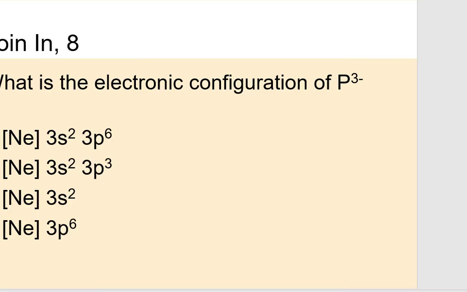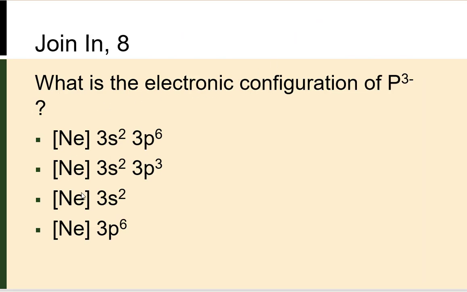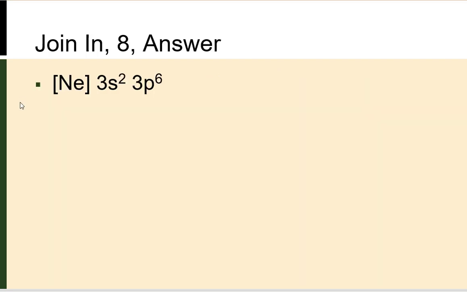Let's do some practice. Why don't you pause this real quick and look at these. What's the electron configuration of phosphide, which is P -3? And hopefully you went and looked that phosphorus is atomic number 15.